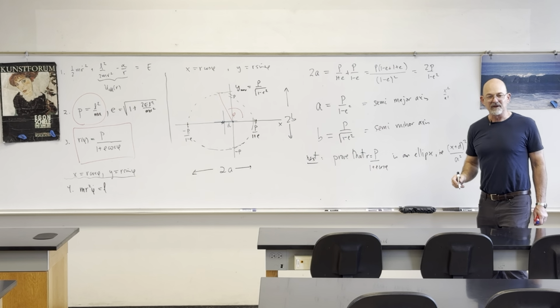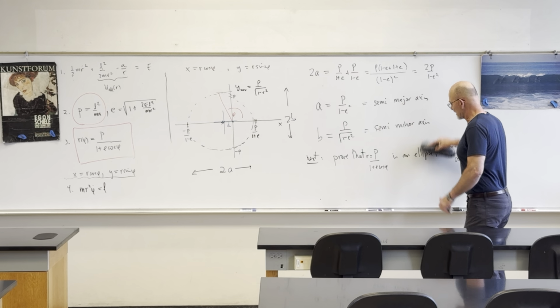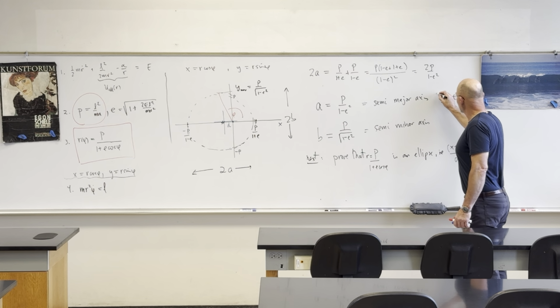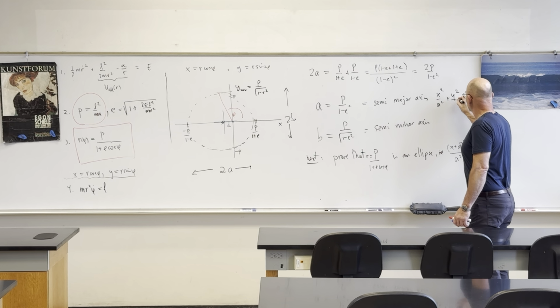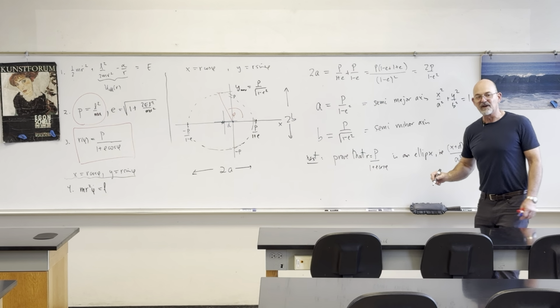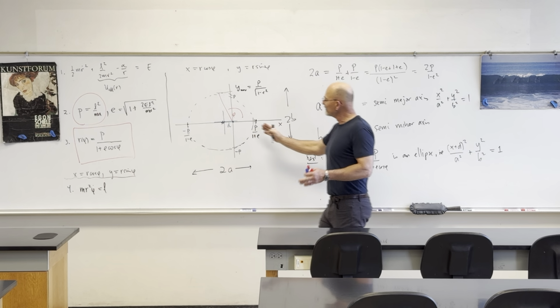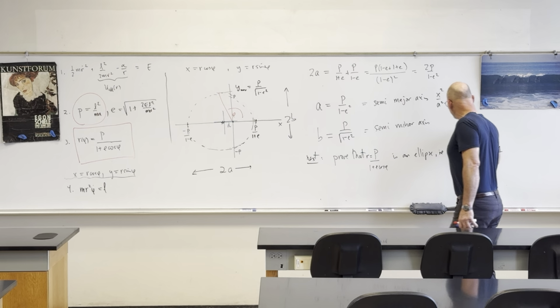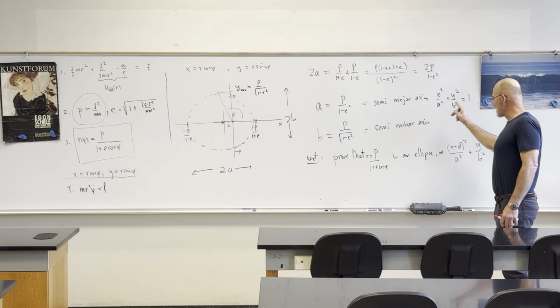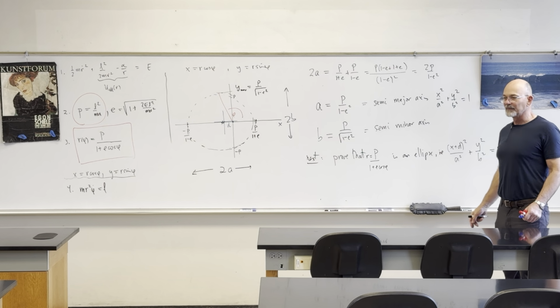Are you familiar with that? So the ellipse centered on the origin, let me go ahead and write that down. We're about to end here. That's the equation of the ellipse centered on the origin. And because ours is centered to the left of there, we have to do x plus d. And we still have to find out what that d is. It's not going to be difficult.